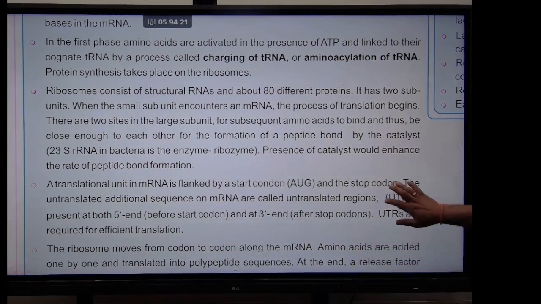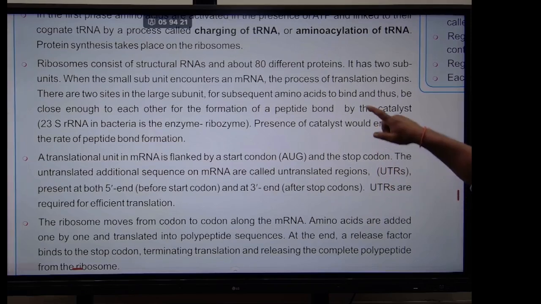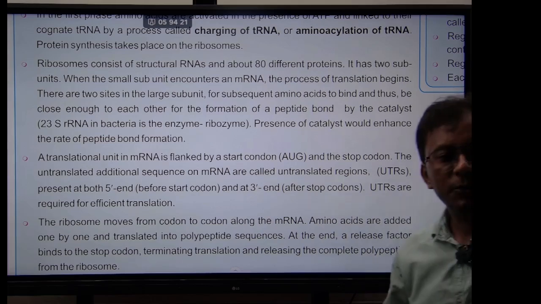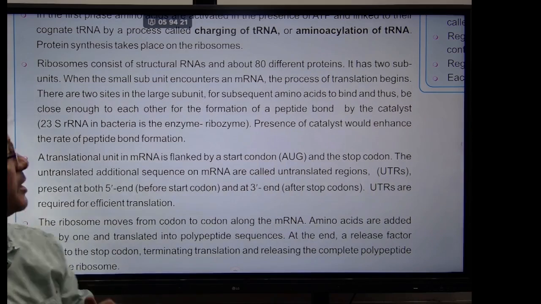That is done. The ribosomes consist of structural RNAs and about 80 different proteins. So, one more RNA which functions as a structural component is the rRNA molecule. That's why it's called ribosomal RNA. It has two subunits, a larger subunit and a smaller subunit.